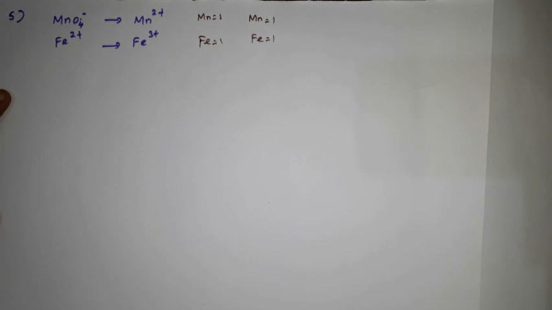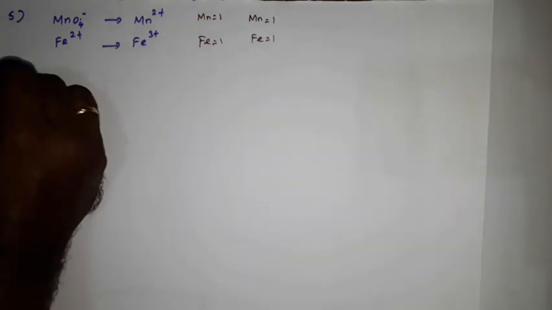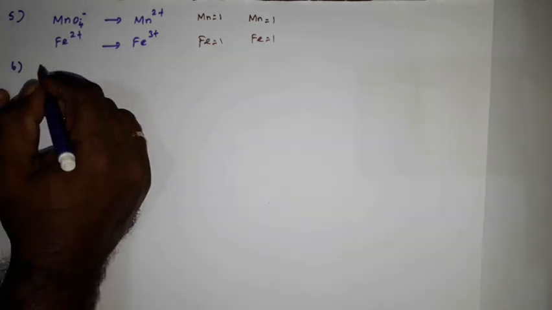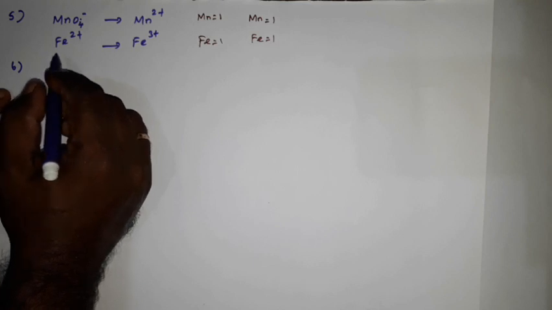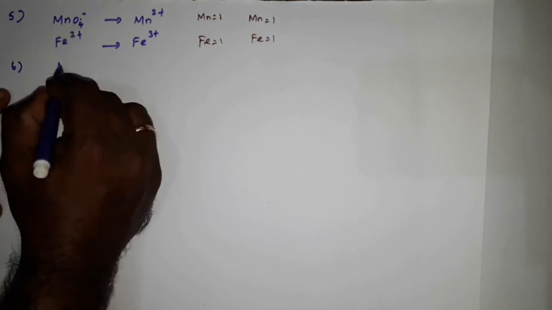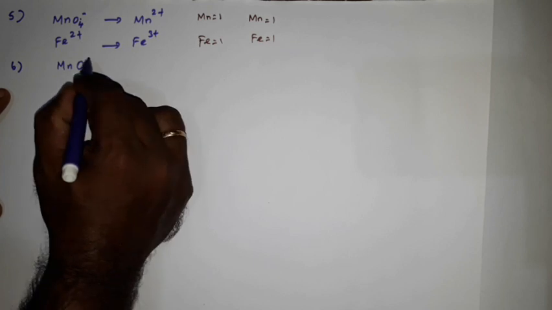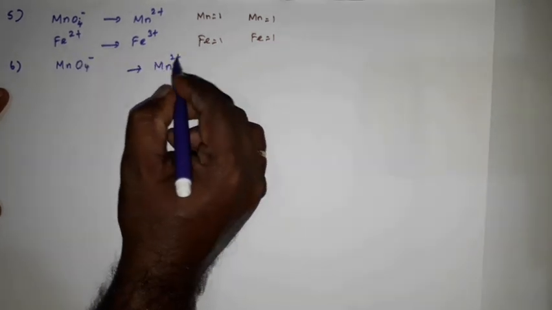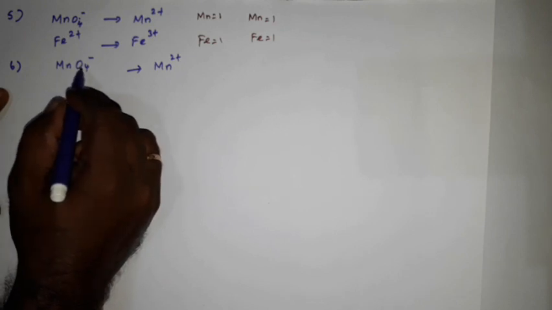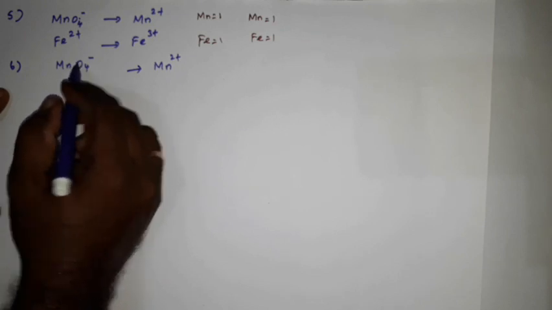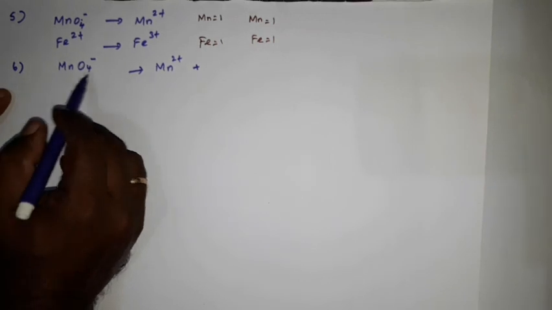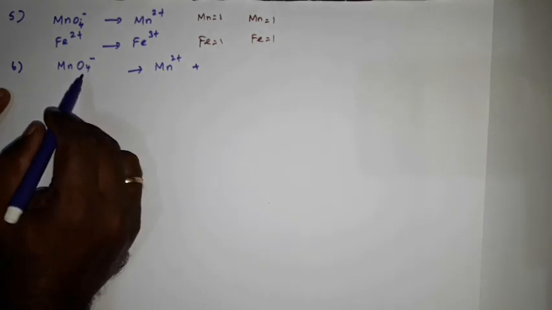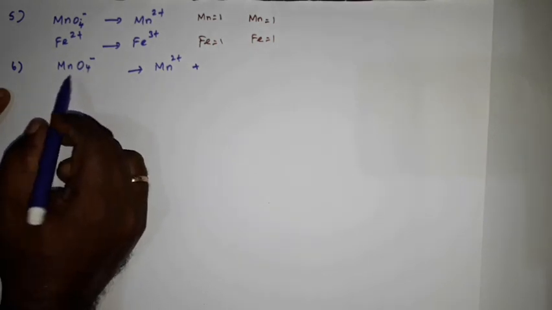Next, step 6. We are going to balance oxygen and hydrogen. How many oxygen atoms are here? MnO4 minus gives Mn2 plus. There are 4 oxygen atoms here. To balance oxygen, we have to add water.